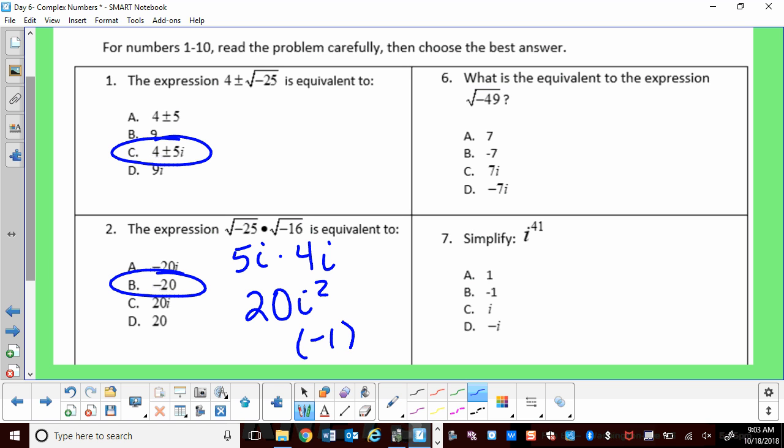The i squared becomes negative 1, so you get negative 20. Or you can just type it in. I'm going to skip around. Number 6 is C. Number 7 is I.